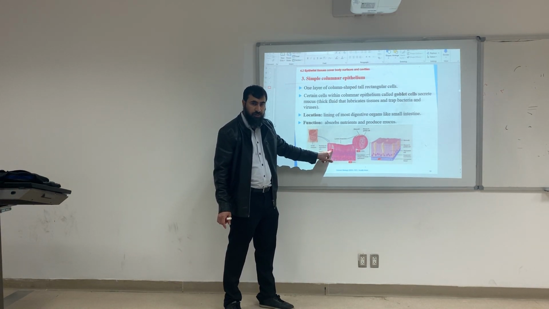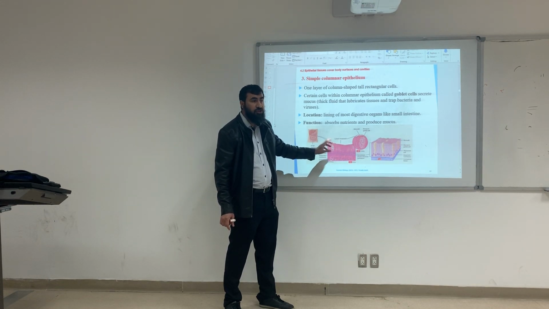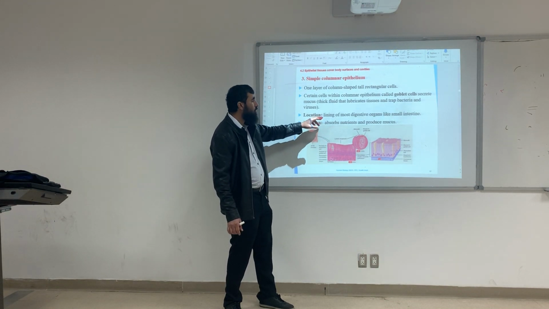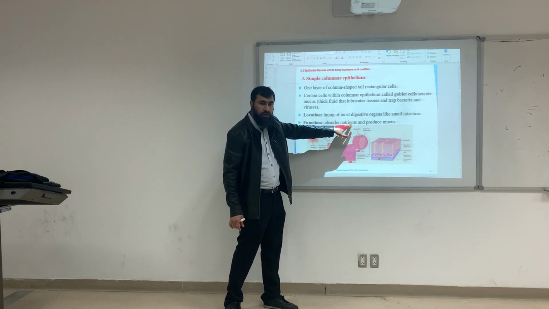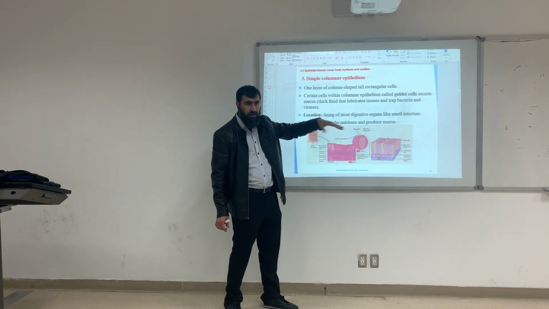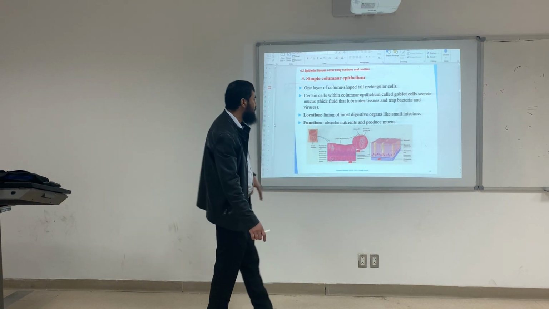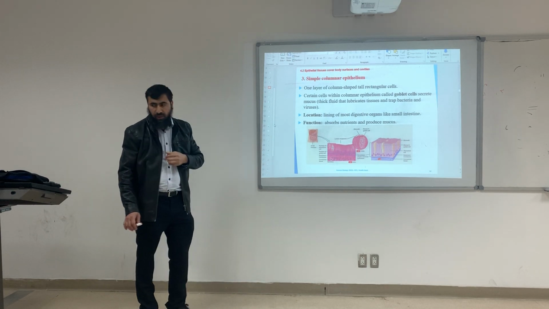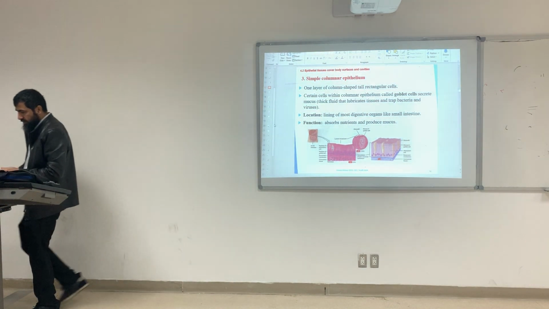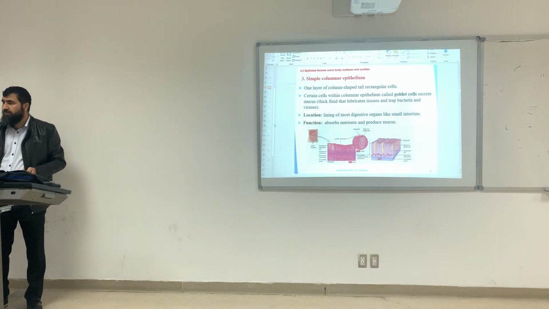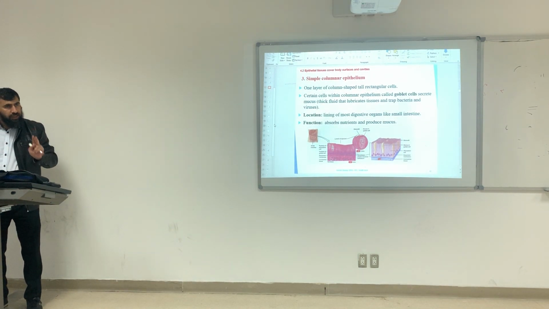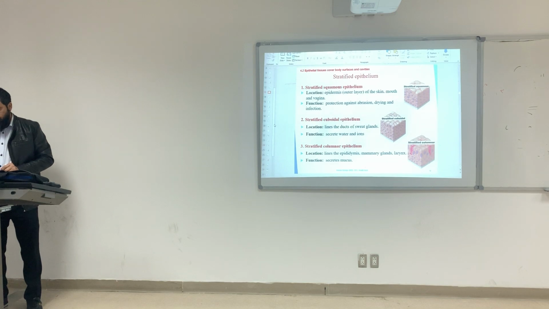Remember, they secrete mucus. The function of simple columnar is more absorbing nutrients in the digestive tract: absorb nutrients and produce mucus. These are very simple: location and function.